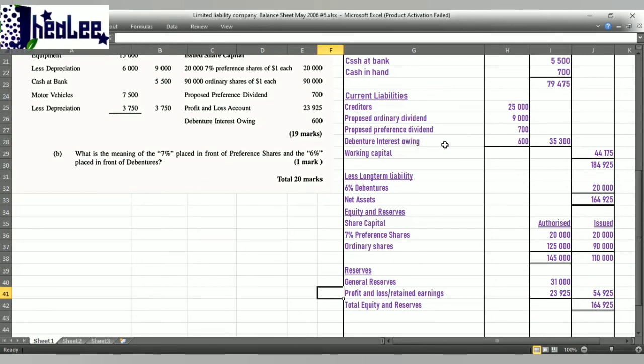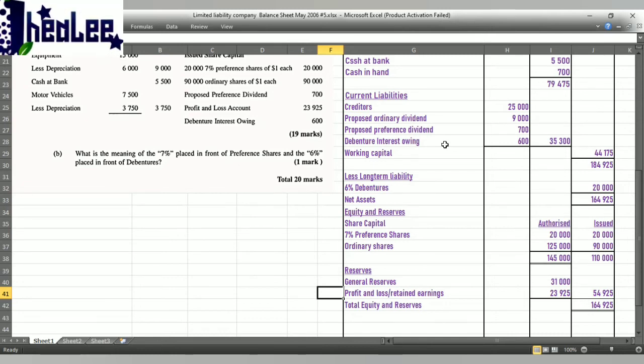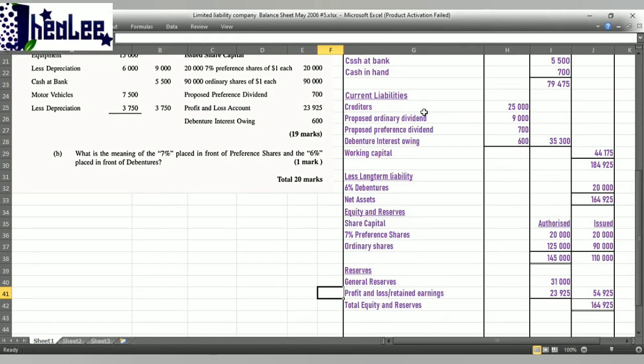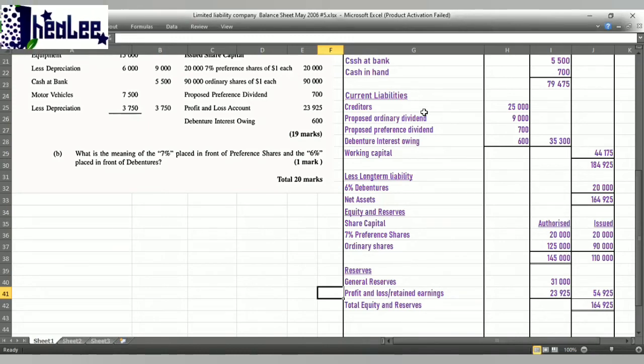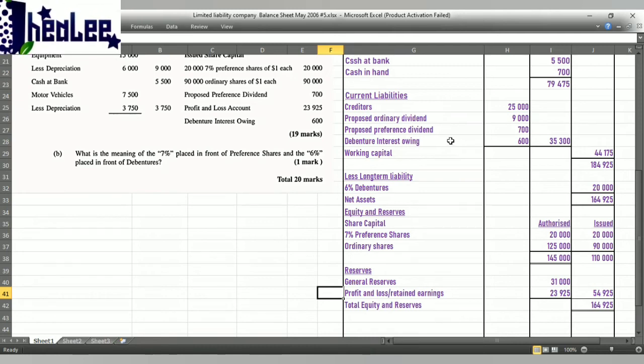Your debenture interest owing, don't forget, once there is interest owing on that loan, it is shown as a current liability. If there was auditor's fee owing, that as well would be listed under current liabilities. And if you get a question where you're given corporation tax, the corporation tax is subtracted from your profit when you're doing the appropriation account, and it is also shown as a current liability, because the truth is that the corporation tax is not paid until the financial statement is prepared by the business.